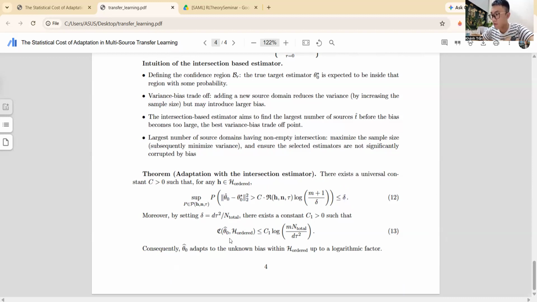And equation 13 states that the cost of adaptation for the set of bias configurations whose bias order is bounded by the logarithm factor of the number of source domains, the total sample size, and d tau squared is the variance.